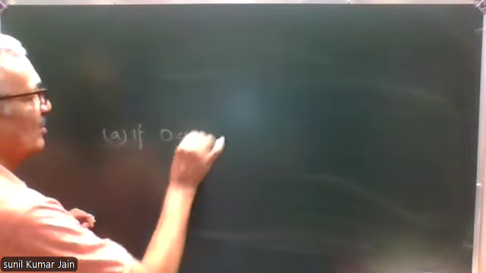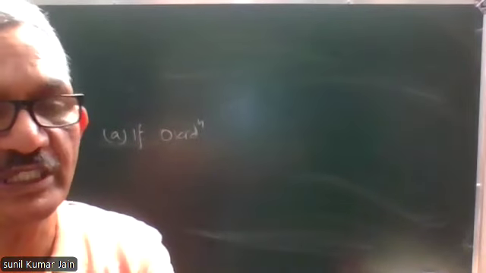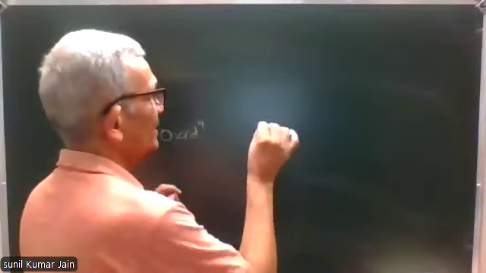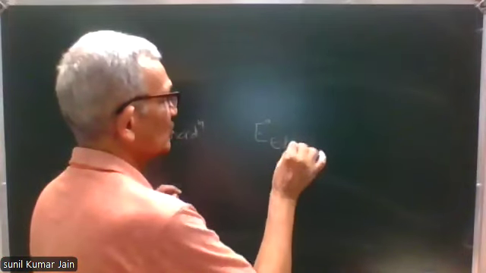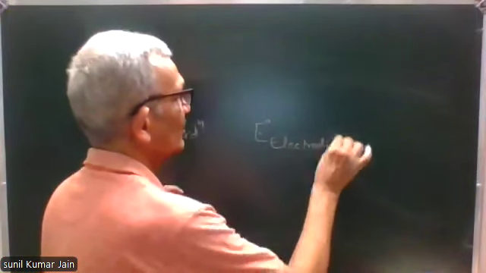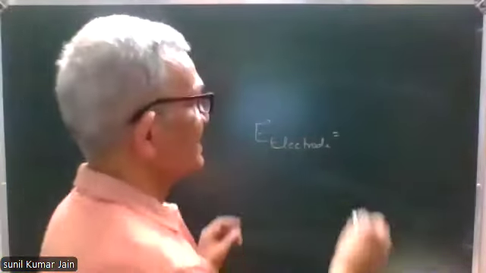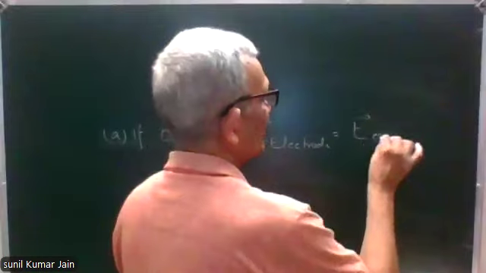Now, write on A part. If oxidation takes place at SHE, then E0 electrode, it means standard RePV of the given electrode, is equal to E0 cell.